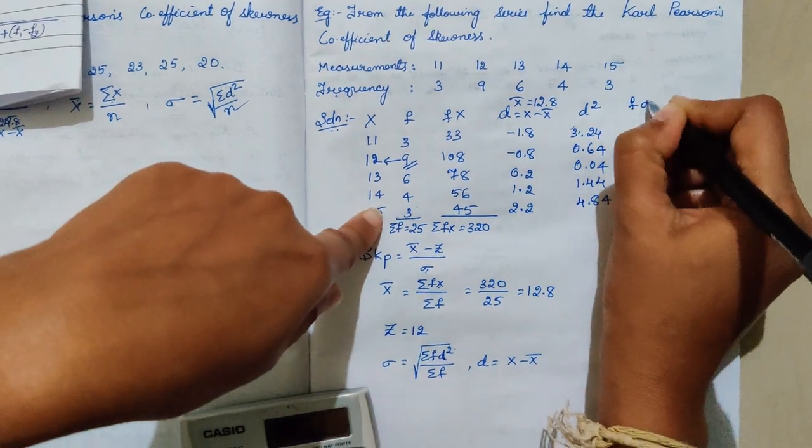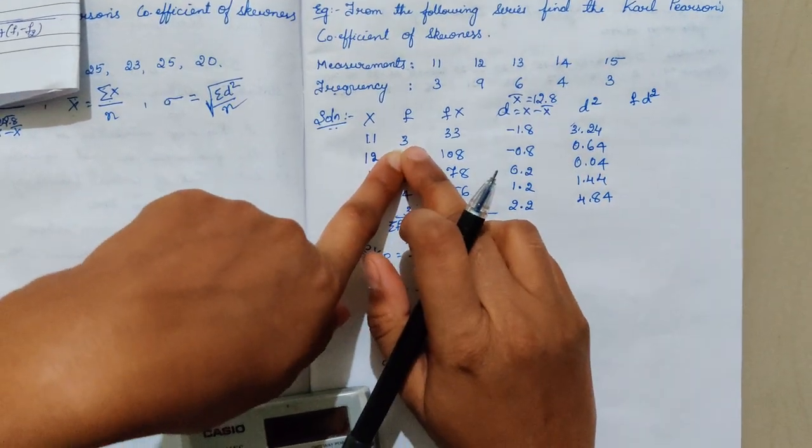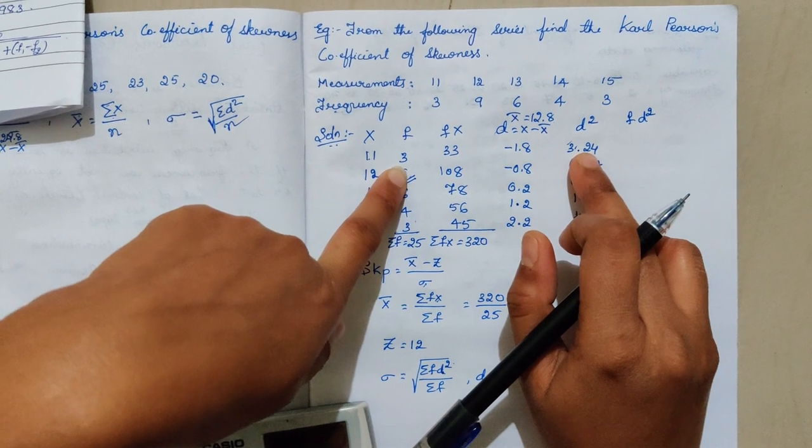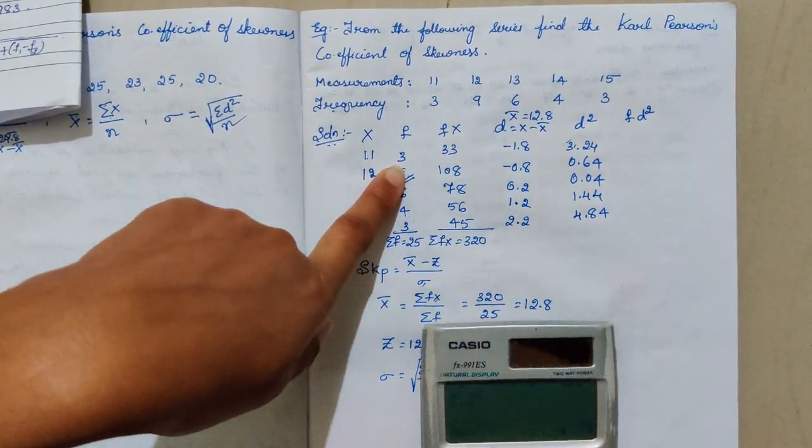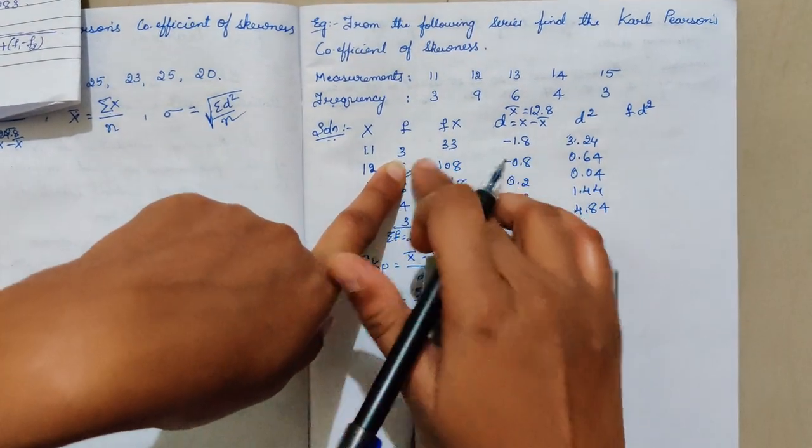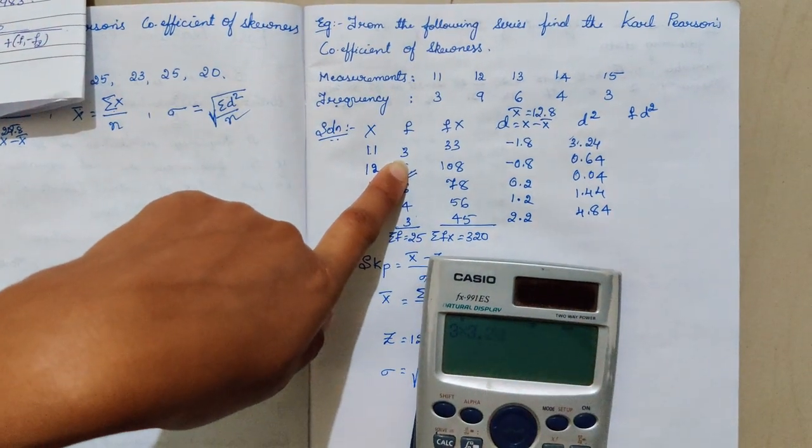Now we have to find f into d square. We have to multiply the frequency value with the d square value. Here the frequency value is 3 and its corresponding d square value is 3.24.